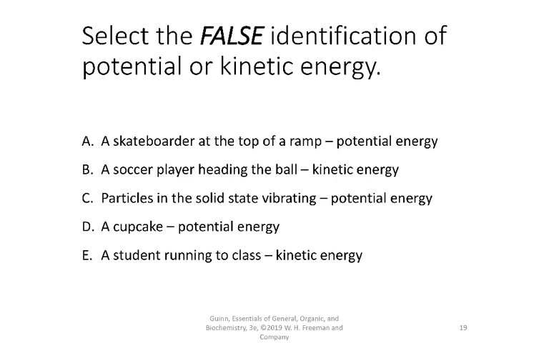And now that you are back, the one that is wrong is C. So particles in the solid state vibrating, well, that vibration is motion. That would be some sort of kinetic energy. And that means that the other 4 are correct.